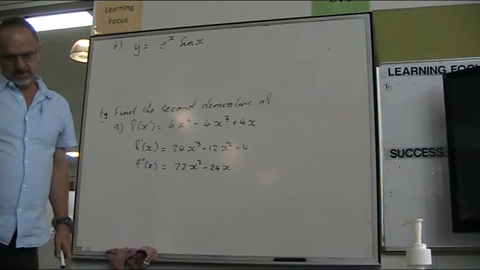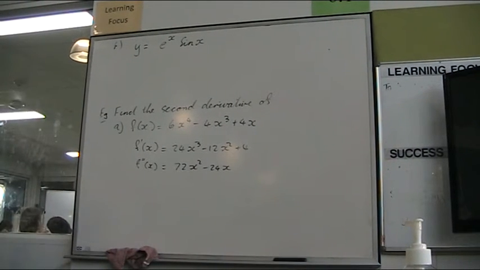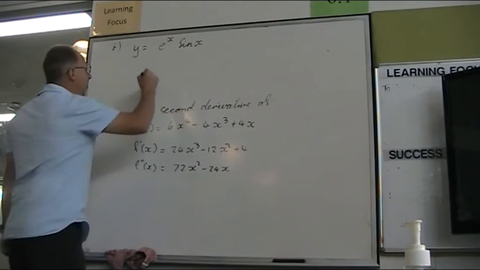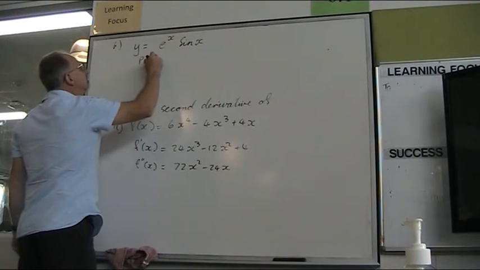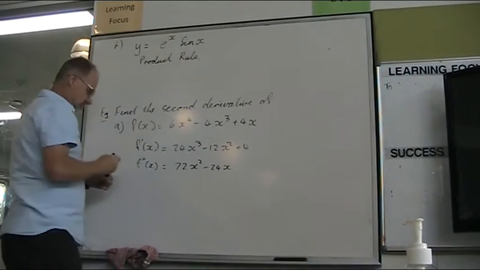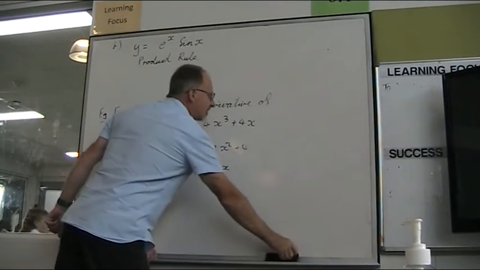Alright, so this time we've got e to the x times sine x. So to differentiate, we use the product rule, correct? Alright, so the product rule.